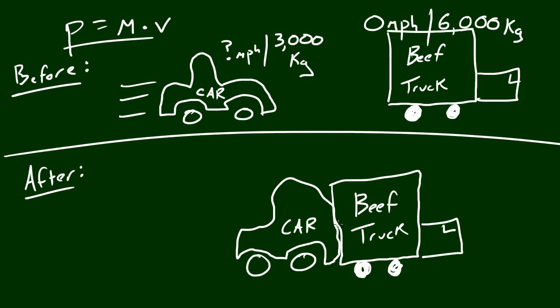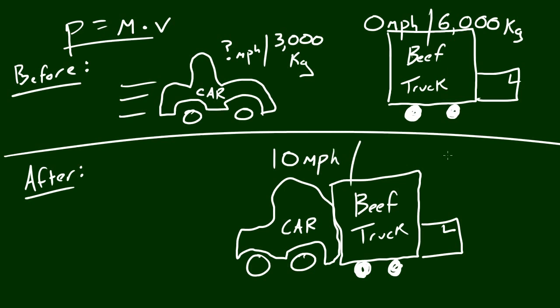So he says these two vehicles were crashed into each other so hard that they actually welded together into one big solid object. Now, after the crash, luckily someone was there to calculate the speed, and they figured out that this big hunk of metal was traveling 10 miles per hour.